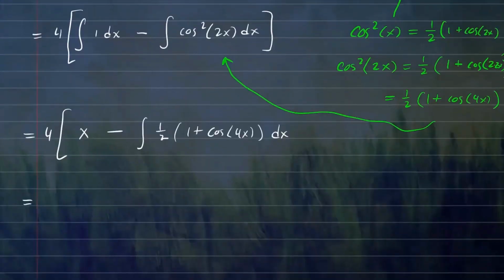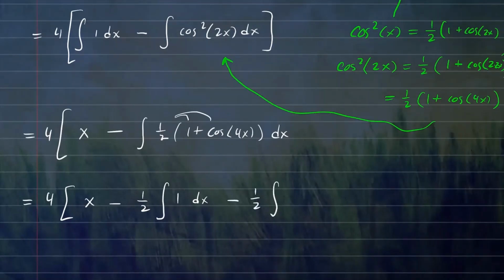So we have 4 times x minus 1/2 the integral of 1 dx, and I can distribute the 1/2 too, so we don't have too much to take care of at the end. That's 1/2 times the integral of 1, and then minus 1/2 the integral of cosine of 4x dx. At the end, I'm just going to distribute the 4.